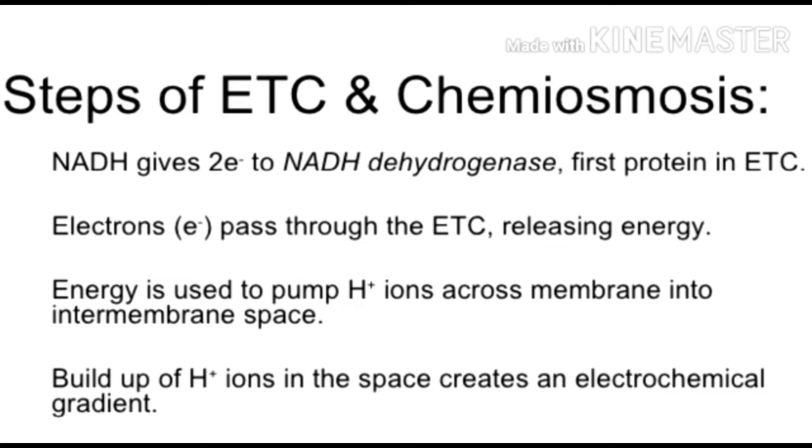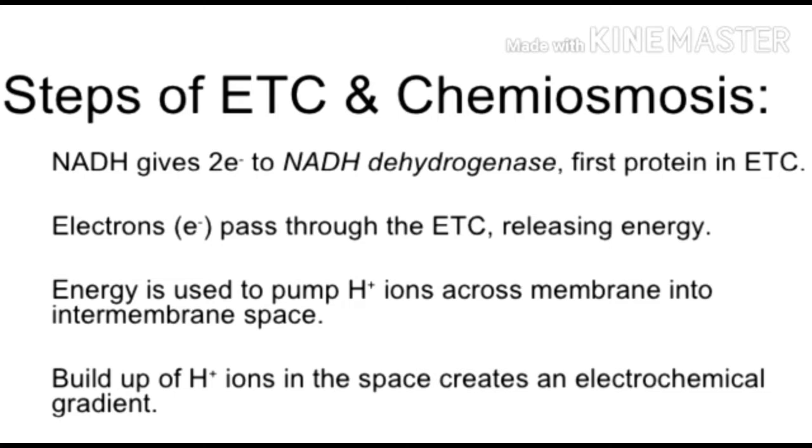Energy is used to pump protons across the membrane into the inner membrane space. Build up of hydrogen ions, means protons, in the space creates an electrochemical gradient. These steps take place between the mitochondrial matrix and the space between two membranes of mitochondria.